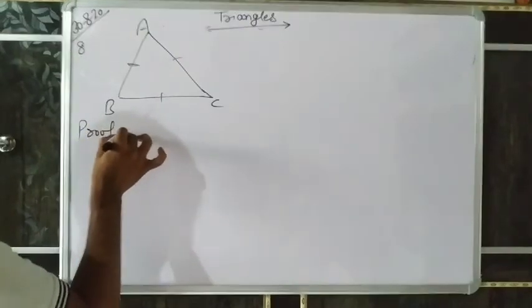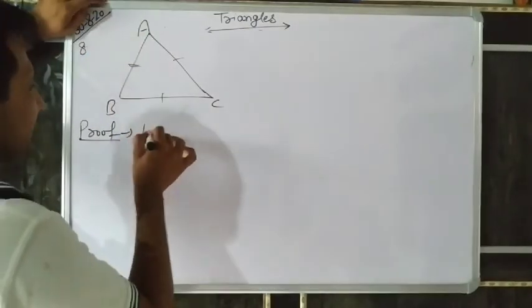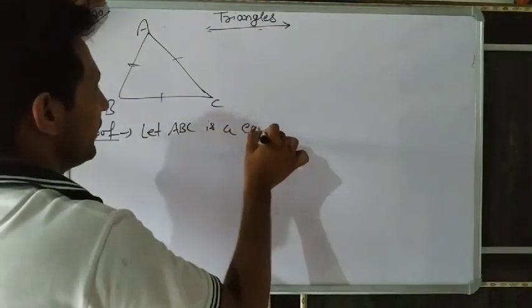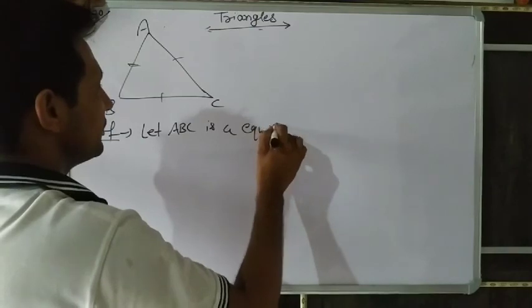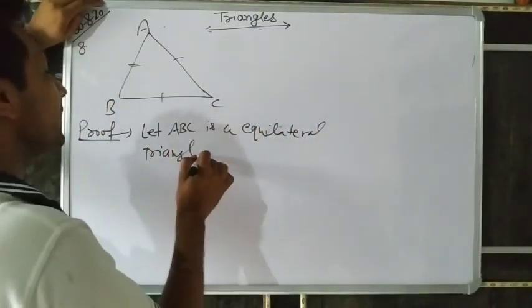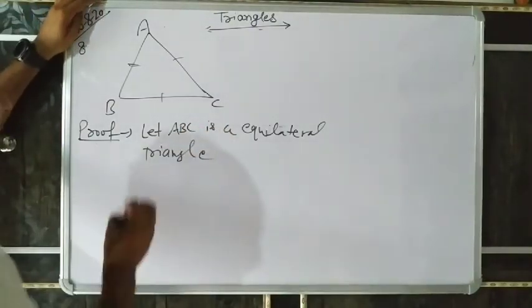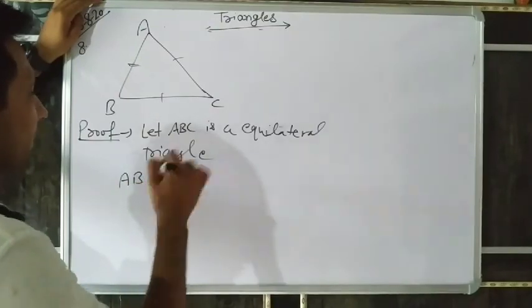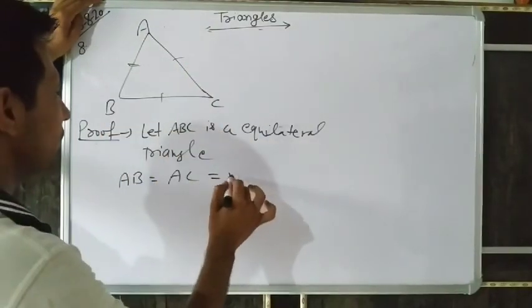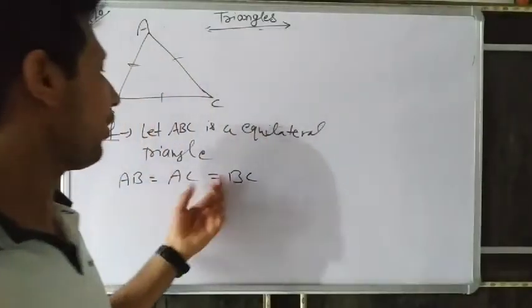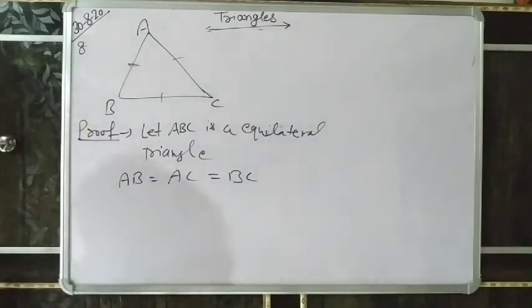Next is the proof. So write, let ABC be an equilateral triangle. In an equilateral triangle, AB equal to AC equal to BC, because equilateral triangle means all three sides are equal.